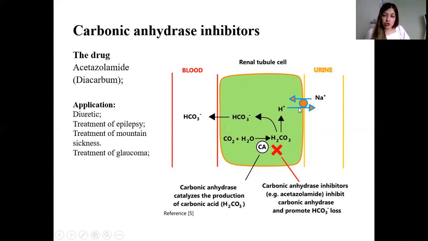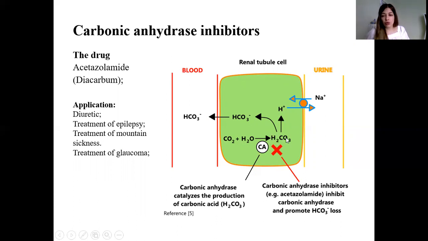So this exchanger should work, and it can work only with the help of carbonic anhydrase. Why? Because from where should we take this hydrogen to exchange it with sodium? From where? We take it from the molecule of carbonic acid.